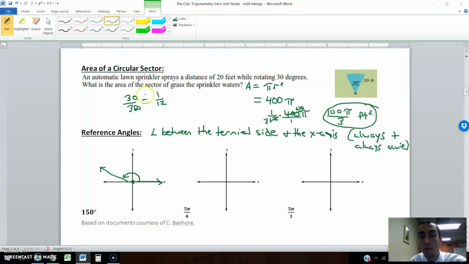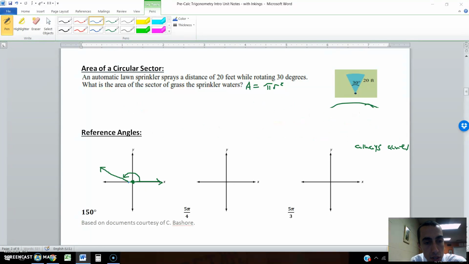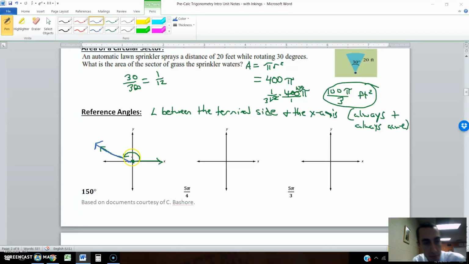So then, the reference angle for 150 degrees is the angle, which I'll do in blue, formed between the terminal side, which is here, and the x-axis. And for the x-axis, do the closest version of the x-axis. So that would be this part of the x-axis. So this is the reference angle right here for 150 degrees.